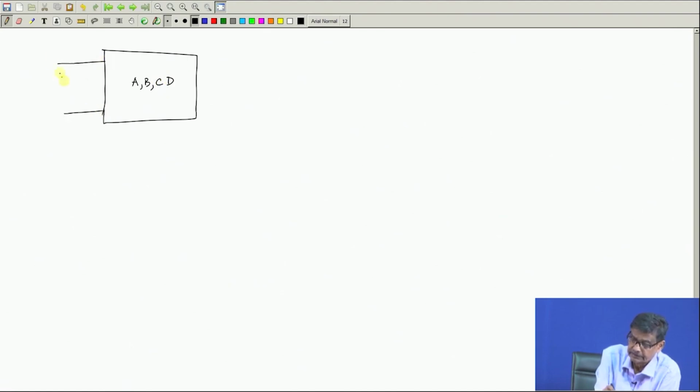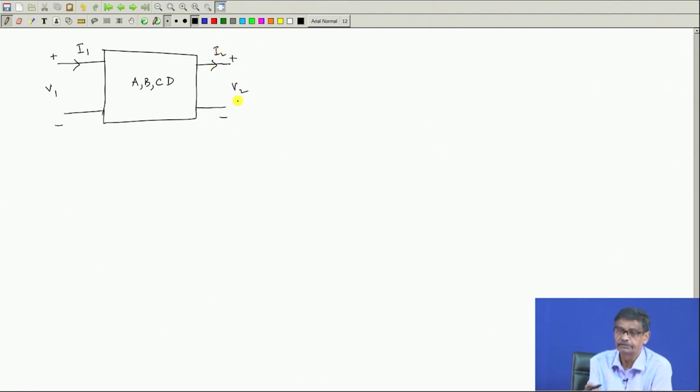This is plus minus V 1, this is I 1, and for ABCD parameters, what I have assumed earlier, we will keep it, it is like this.